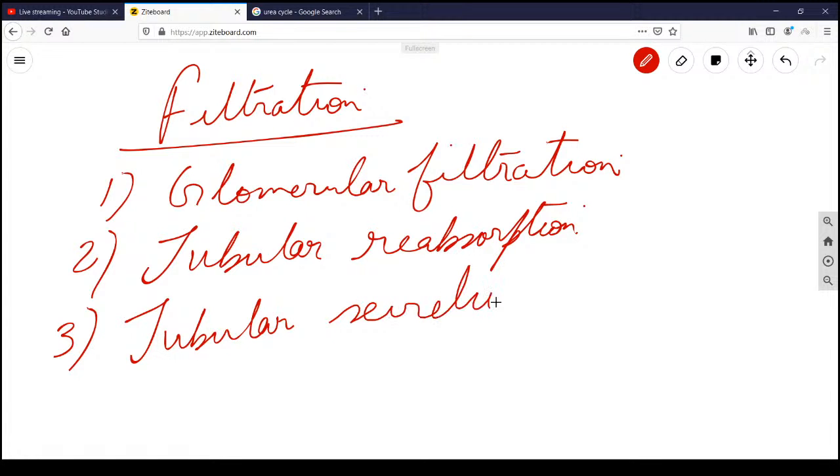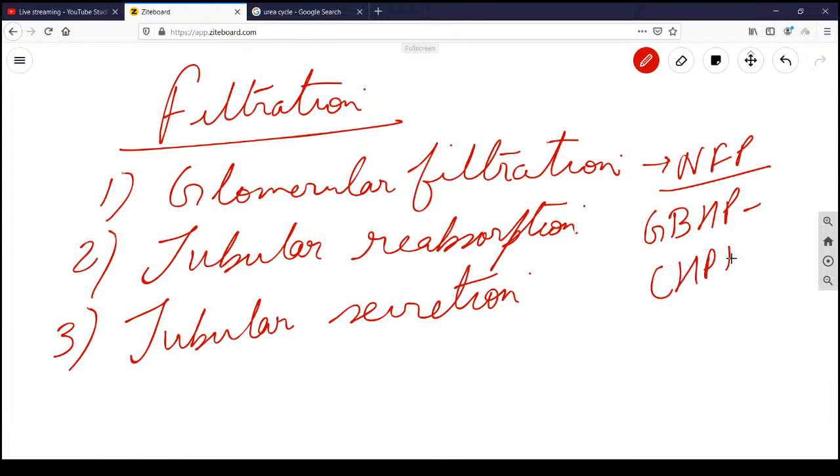Under secretion, we'll be secreting hippuric acid, creatinine, uric acid, urea, right? In glomerular filtration, podocytes and all will filter. Net filtration pressure that you had learned about is glomerular blood hydrostatic pressure minus capsular hydrostatic pressure plus blood colloid osmotic pressure, which came around 10 mmHg. Net 10 mmHg.